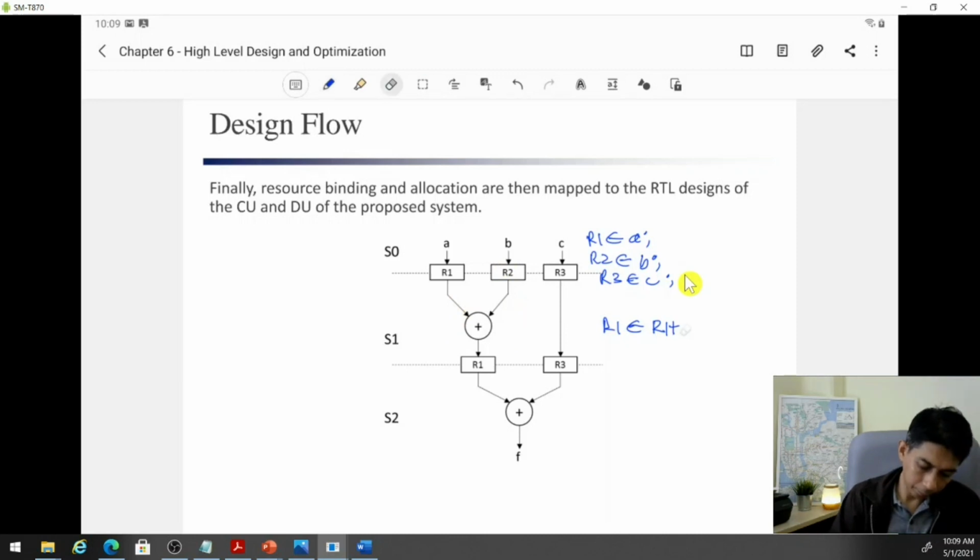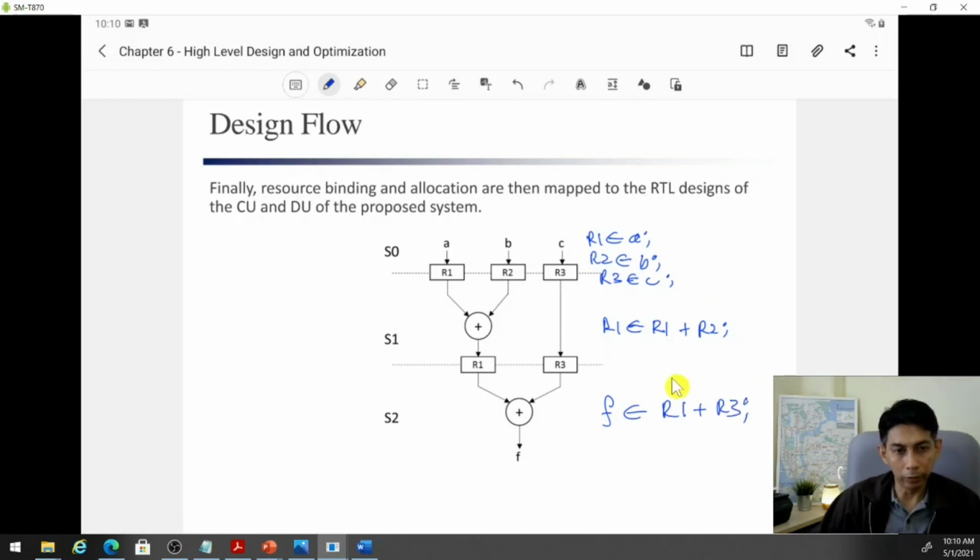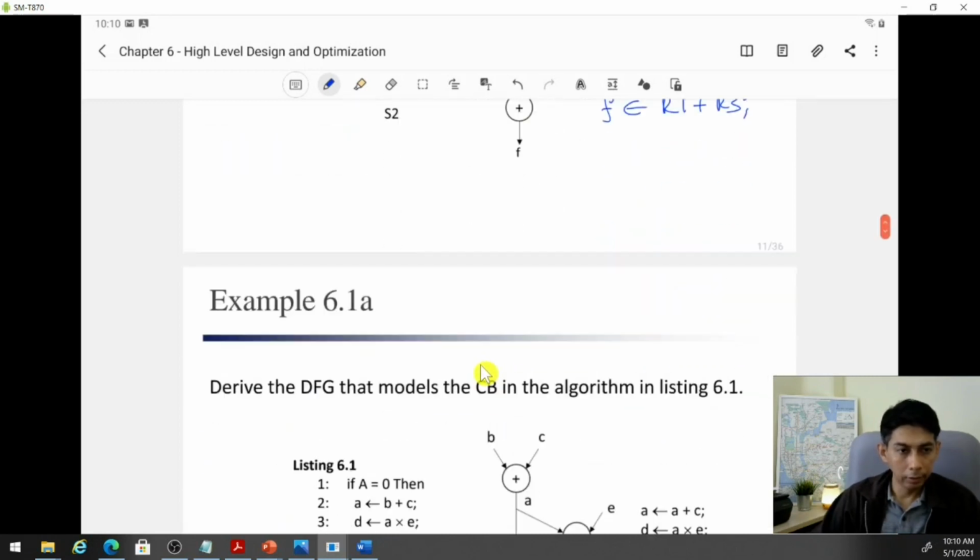And in the last cycle, F is actually R1 plus R3. This will be the RTL code for this design.